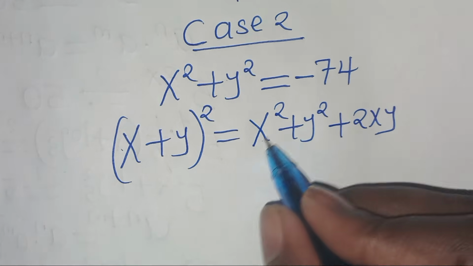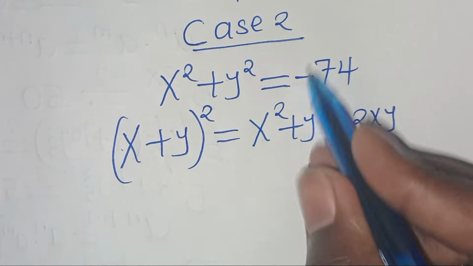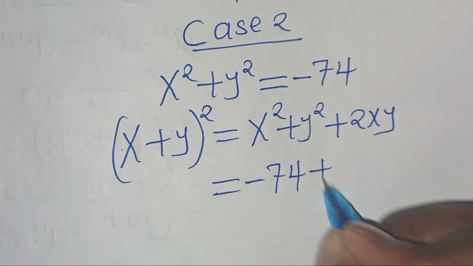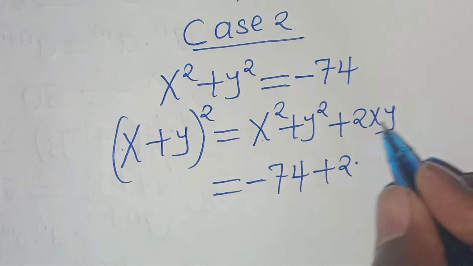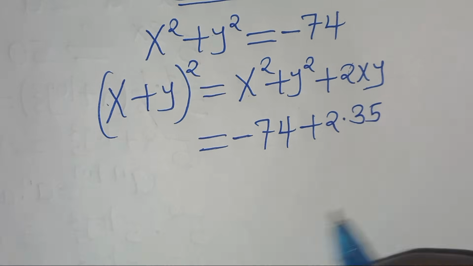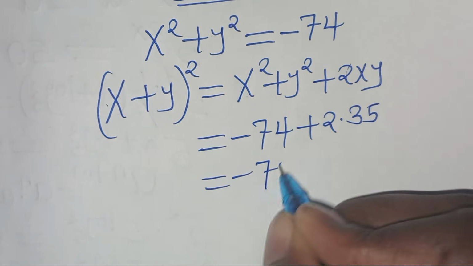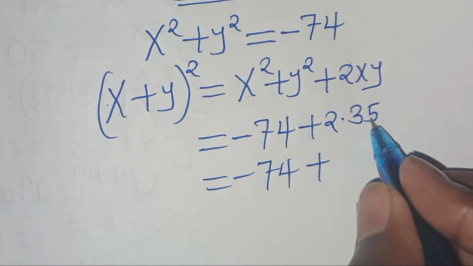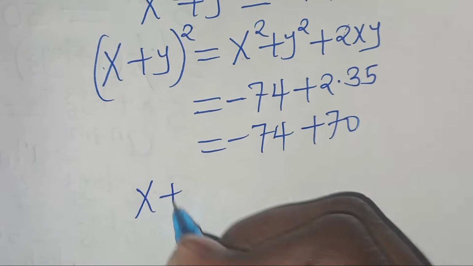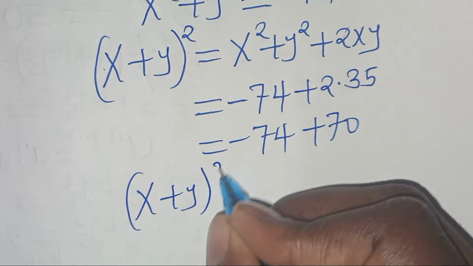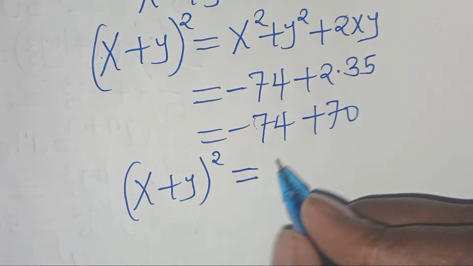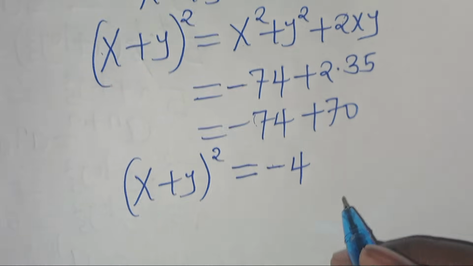So x squared plus y squared is negative 74, then plus 2 times xy. xy in this case is equal to 35. So this is negative 74 plus 2 times 35, this is 70. So now x plus y raised to the power of 2 is equal to negative 74 plus 70, and this is equal to minus 4.